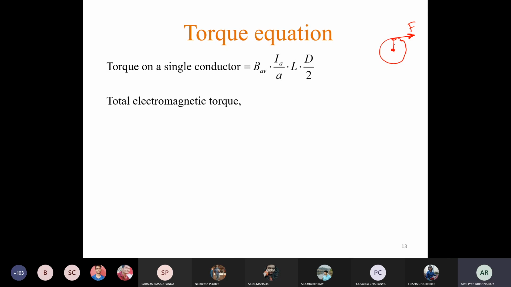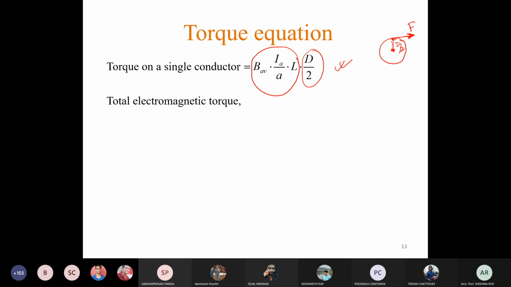If we multiply these two, we get the torque. Here the force is B average into IA by A into L, and this distance is nothing but D by 2, that is the radius of the rotor. So the force is multiplied by R, that is D by 2. So this is the torque on a single conductor. Is it clear to everyone?